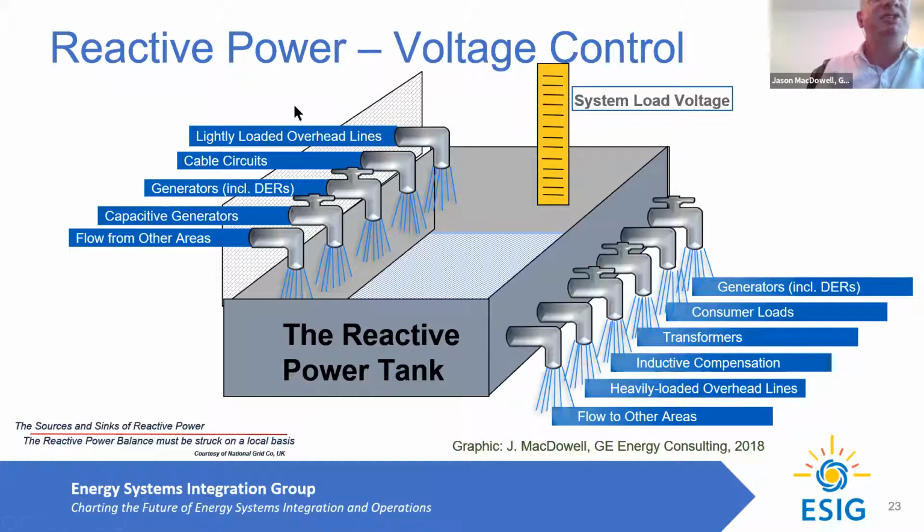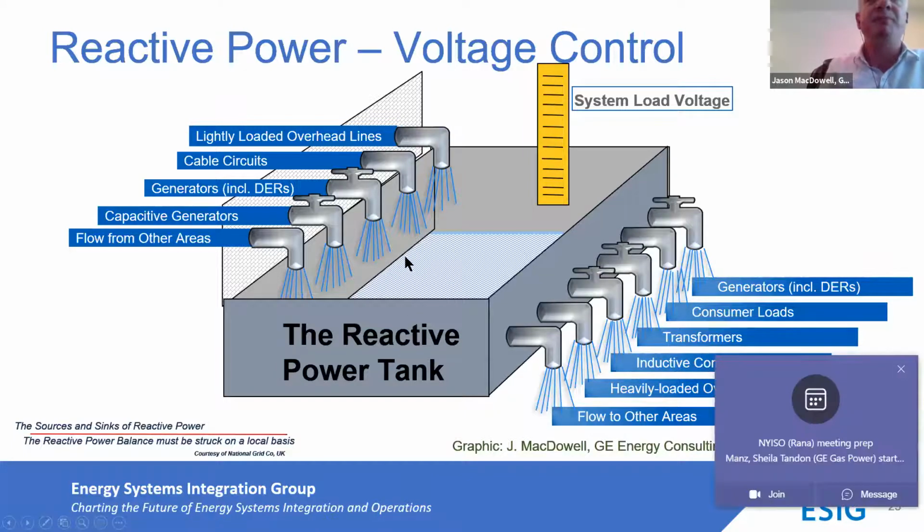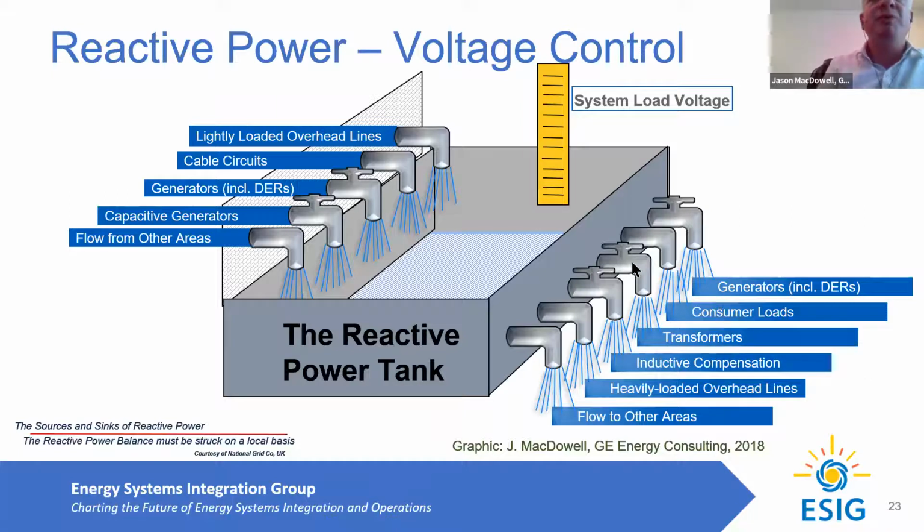So addition of reactive power from all those sources fills the tank. And when the tank fills up, the voltage generally increases if the flows out of the tank are constant. The flows out of the tank reduce the amount of reactive power in the grid, and therefore, if the flows out are greater than the flows in, the voltage decreases. So this balance of reactive power in versus out dictates the system voltage.